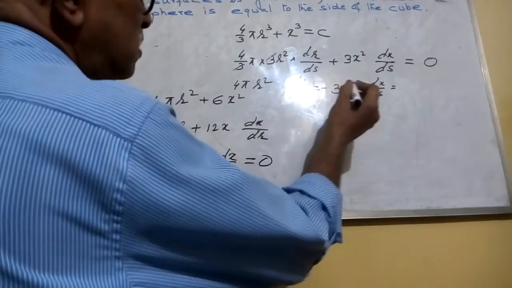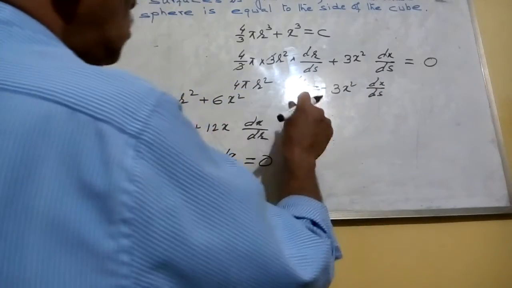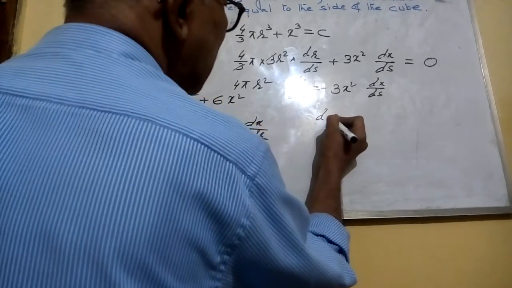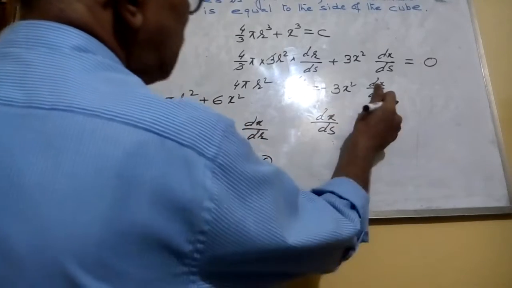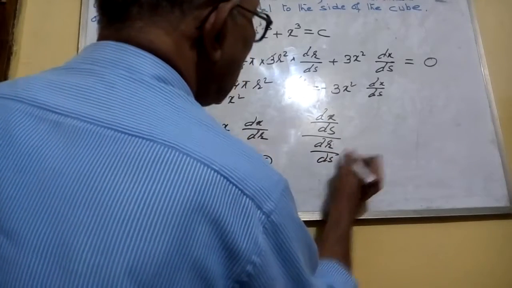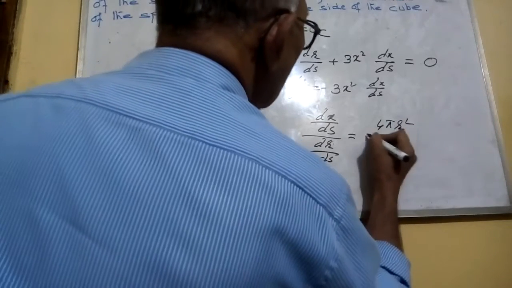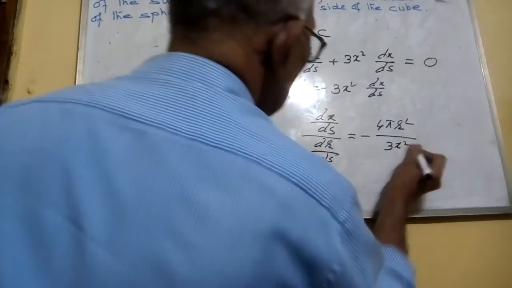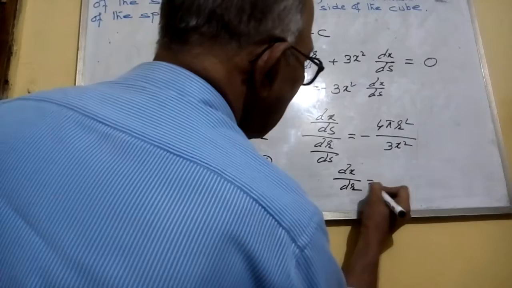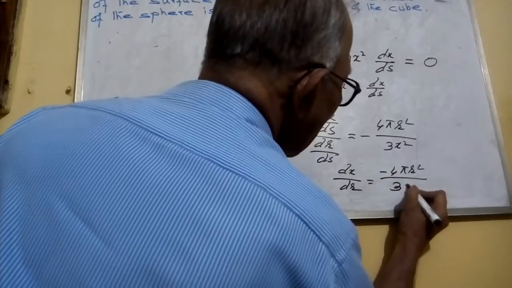So from here, see what we are getting. From the earlier relation, dx/dr equals 4πr² divided by −3x², that is, dx/dr = −4πr²/(3x²).